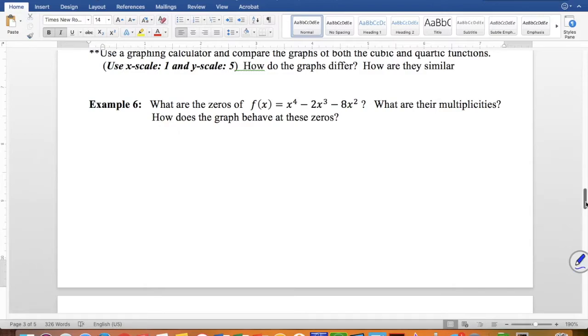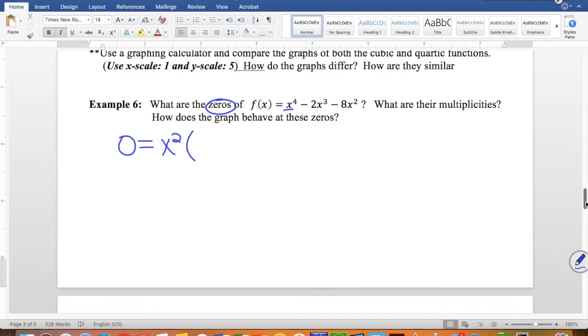So kind of looking at this, it says, what are the zeros? Well, first of all, I have to factor. And I want to start out with factoring out something that these all have in common, which would be an x squared. I think it'd just be much easier to say, we're going to say 0 equals, because we're finding the zeros. So I'm going to go ahead and set my function equal to 0. And I'm going to factor out an x squared.